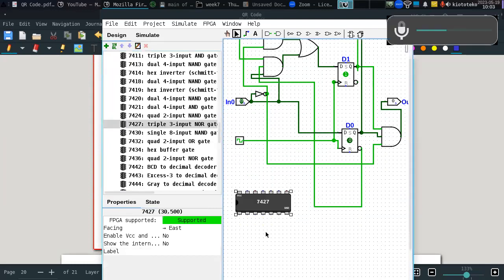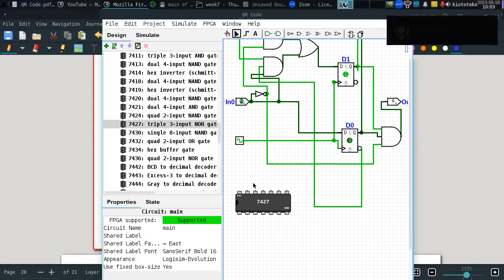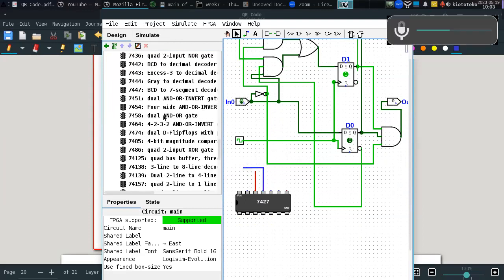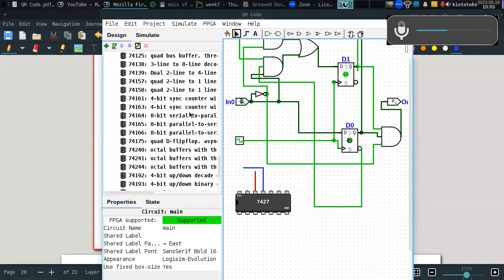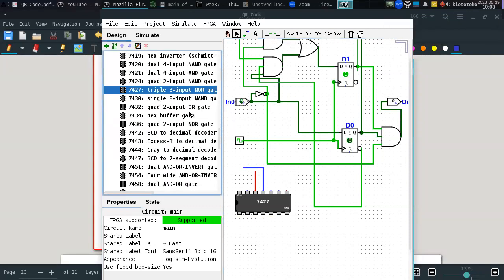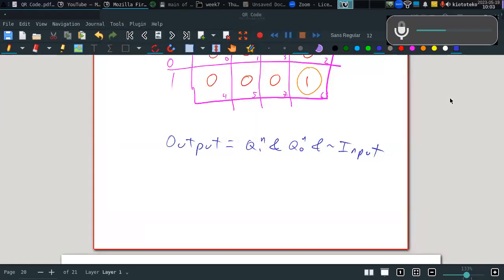You would just need your breadboard and connect these inputs to whatever you need. Like these chips, you can actually buy them, so you could try doing it. If not, it's okay. So yeah, that's the solution for this problem.